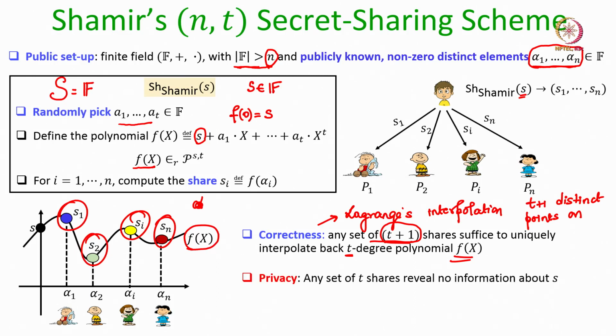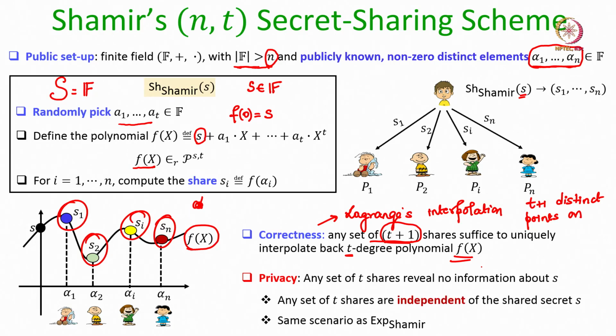Privacy. We want to show that any subset of t shares reveal no information about a secret S. Okay. Namely, any subset of t shares, its probability distribution is independent of the secret S. Now, notice that this Shamir secret sharing is a randomized algorithm.